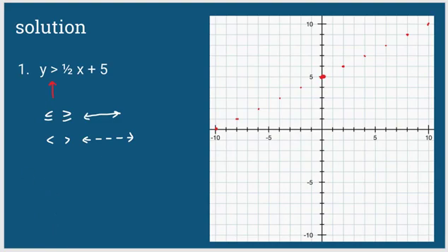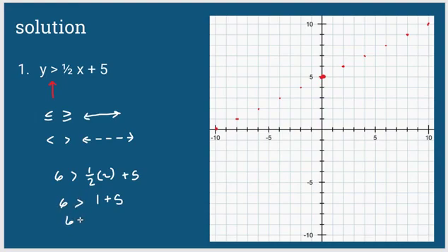And I could actually double check that with another point. Say I chose another point over here at (2, 6). If I put in 6 for y and I put in 2 for x, that means I'm going to take 1/2 times 2, which is 1, plus 5.